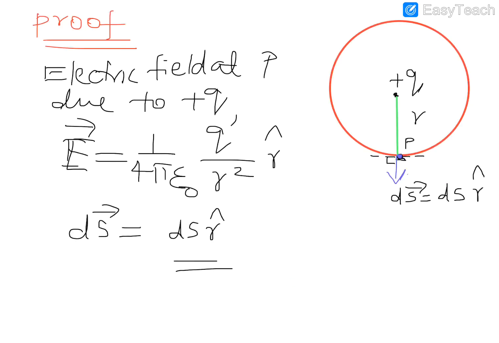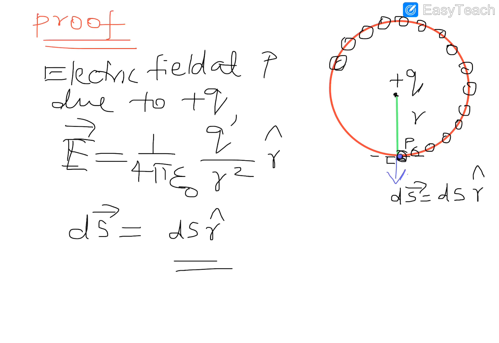Okay, so here you can consider that there is a small ds here, a small ds here, a ds here, all these are small ds. You are considering all such ds and you are adding.